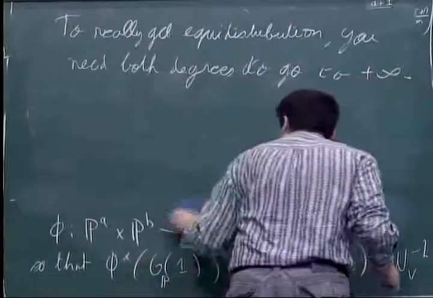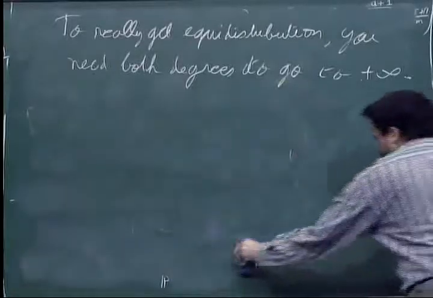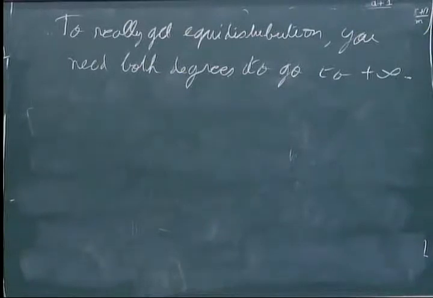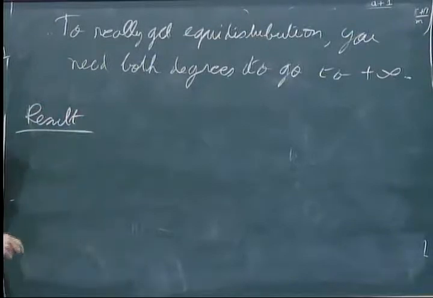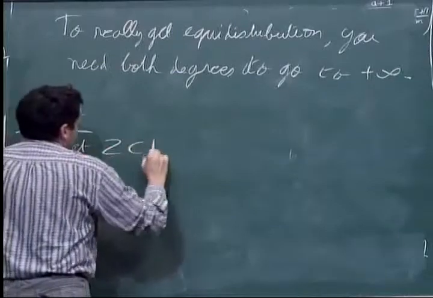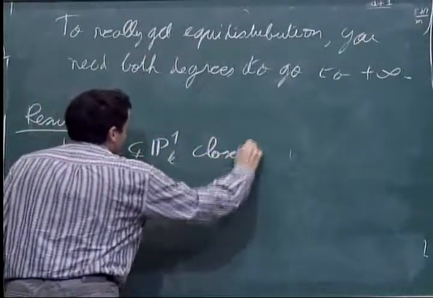Well, and obviously, once you have realized that, it's probably obvious for some of you, but once you have realized that, you have the result, which I may state as yesterday, namely: let Z in P1 of K be a closed subscheme.